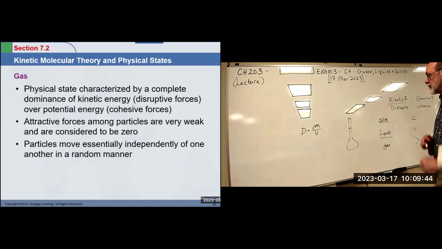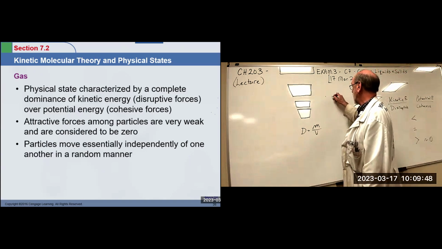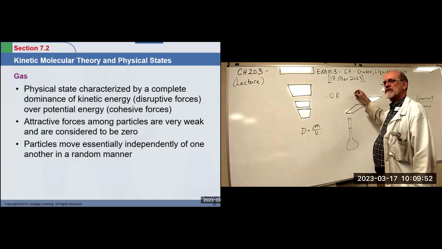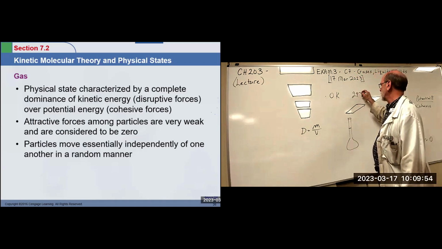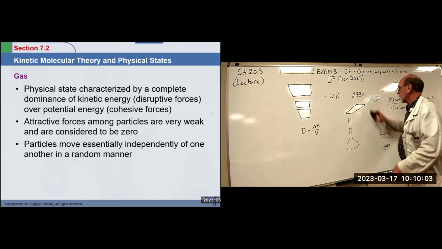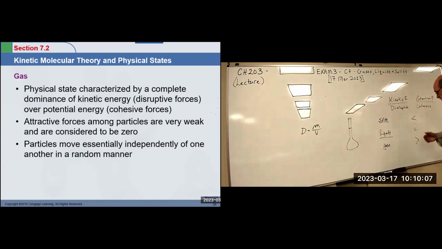And when I say high temperatures, I mean relative to Kelvin, right? Relative to 0 K, what is room temperature? Well, it's 293 or 298. Yeah, I guess it's 298. Okay, so that's high temperature. Room temperature is high temperature. And under those conditions, the cohesive forces are virtually zero.